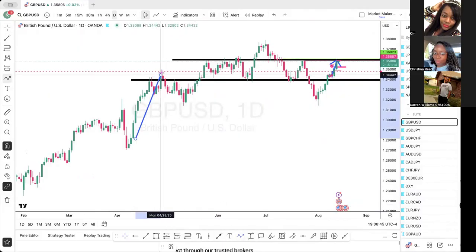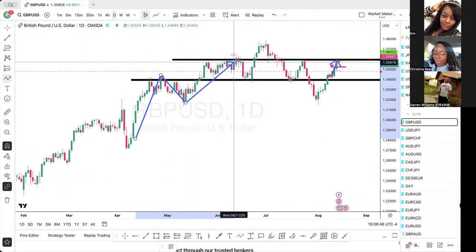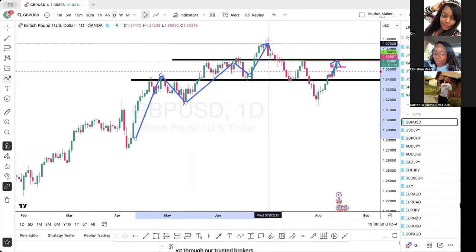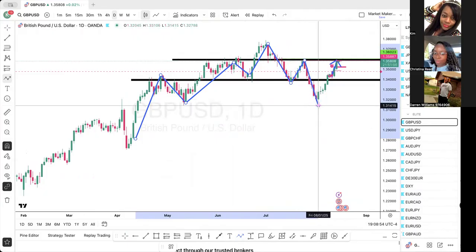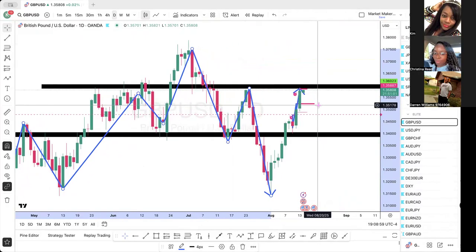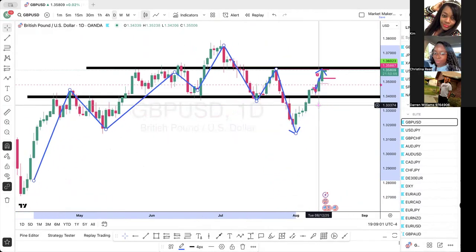Based on market structure, price came here, here, here, here, here, here, and shifted structure.